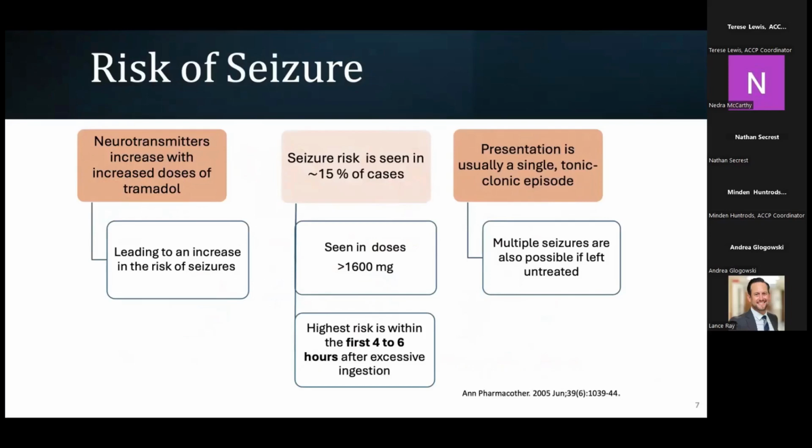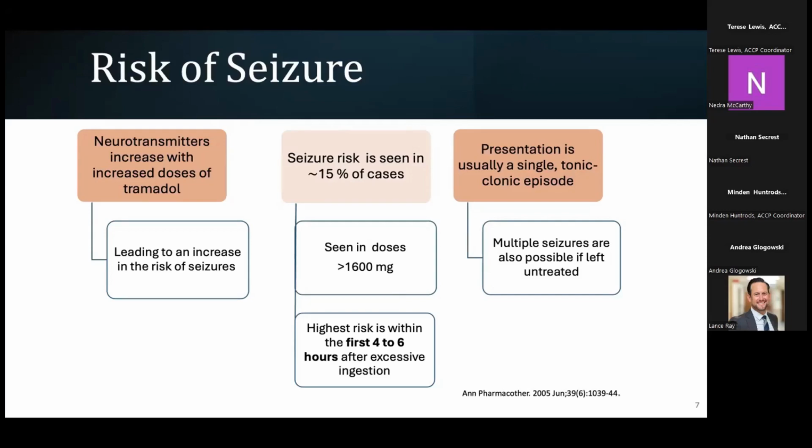When using high doses, tramadol can elicit its response by increasing the neurotransmitters. We talked about how it prevents the reuptake, and by preventing the reuptake, it also prolongs the exposure of the neurotransmitter at the postsynaptic membrane. This is normally seen with increasing doses of tramadol and often leads to an increased risk of seizures. Seizure risk is seen in approximately 15 percent of patients and in doses greater than 1,600 milligrams per day.